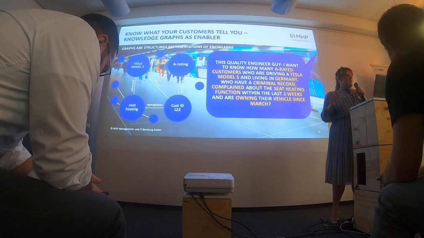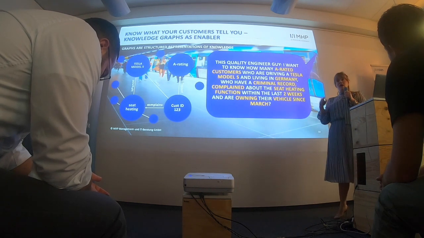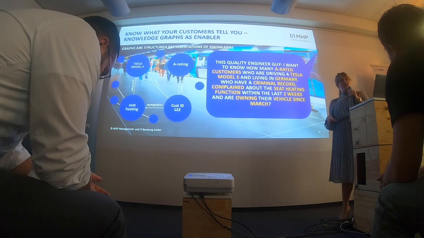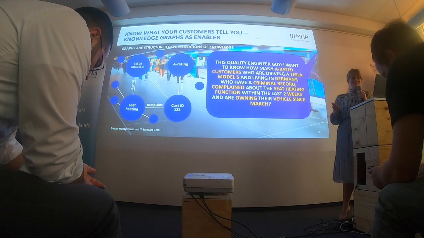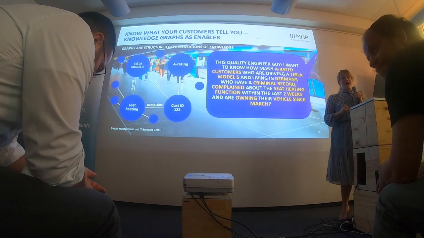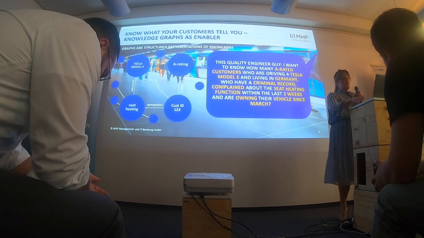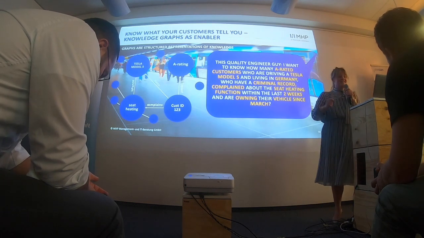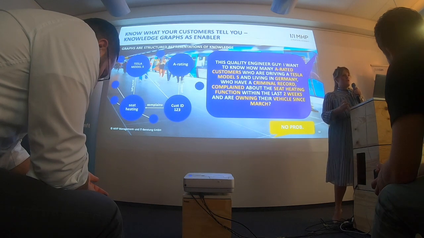And imagine that this quality guy comes to you and asks for all the A-rated customers who bought the car in March and have a criminal record, living in Germany, who complained about the seat heating in the last 2 weeks. Before it was like, what the hell, get out. But now, with the knowledge graph, it wouldn't be a problem anymore for you to do this.